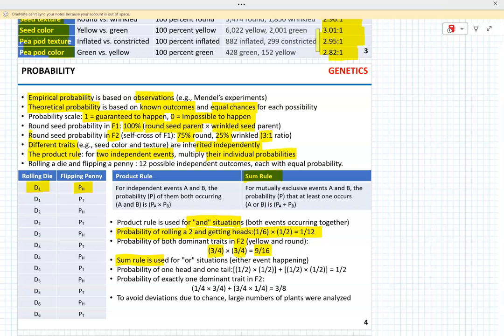So the probability of one head and one tail when we flip two pennies is going to be 1 out of 2, because the probability of having a head and a tail in a certain combination is 1 out of 4.